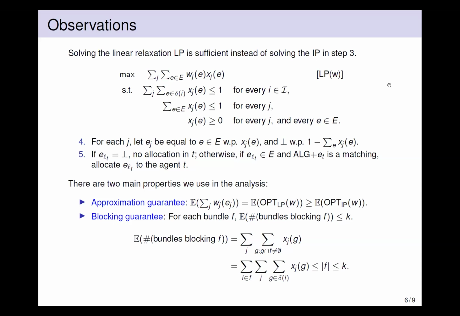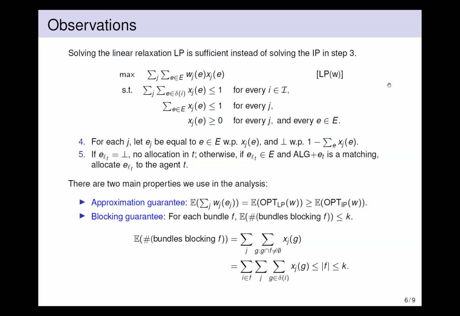So if you look at the second constraint, I'm saying that for every agent, the summation over the hyperedges is at most 1, right? So it's not exactly a probability distribution, but what I'm saying is sample according to exactly the same values, but with the rest of the probability, you allocate nothing, right?